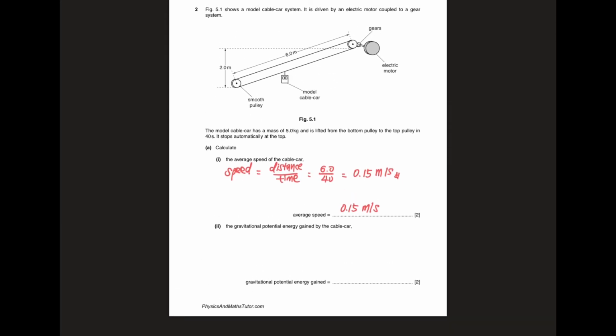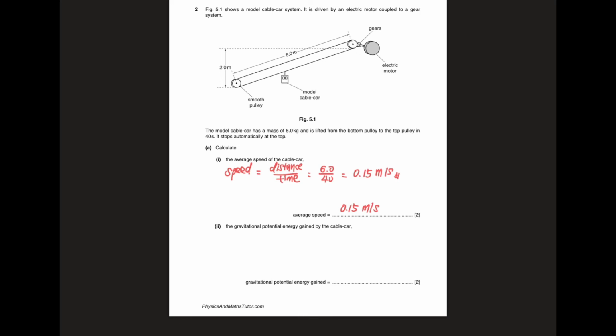Okay. Now part B, gravitational potential energy gained by the cable car. So for gravitational potential energy, we must use the vertical distance. We cannot use the 6.0 meter anymore.